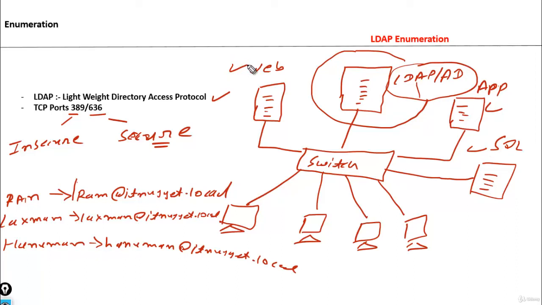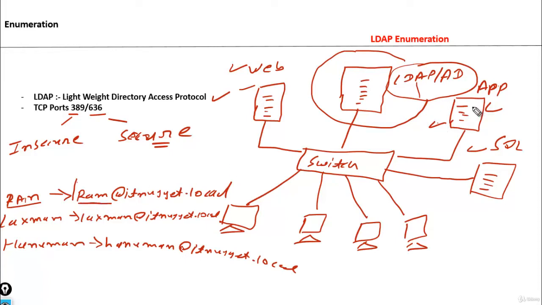When Ram tries to log in to the web server, he will use this username as a credential. When he tries to log in to the application server, again he will use the same credential.